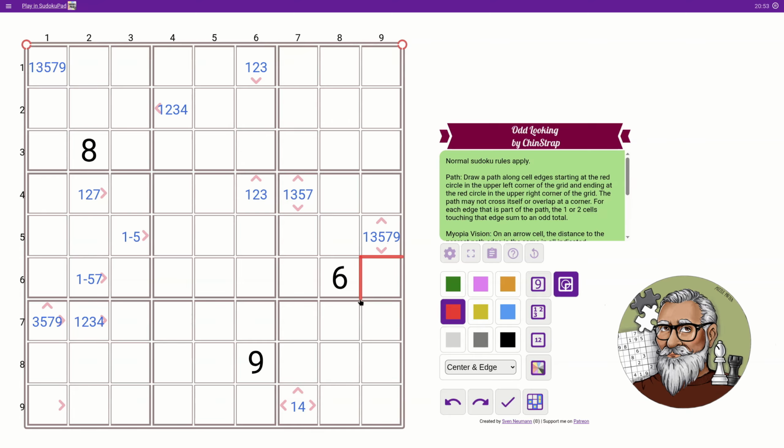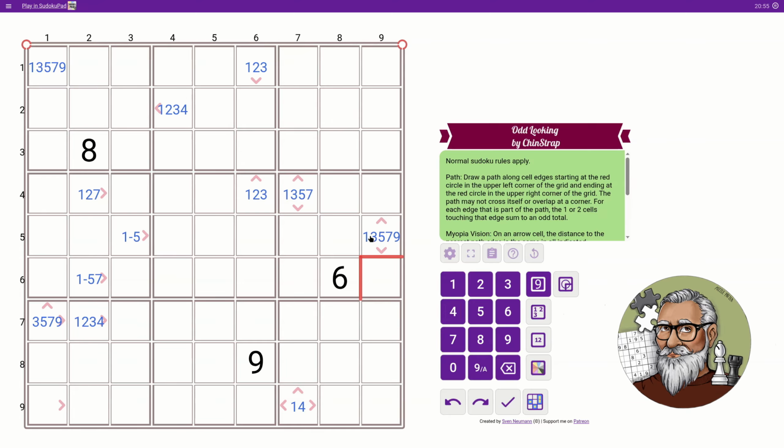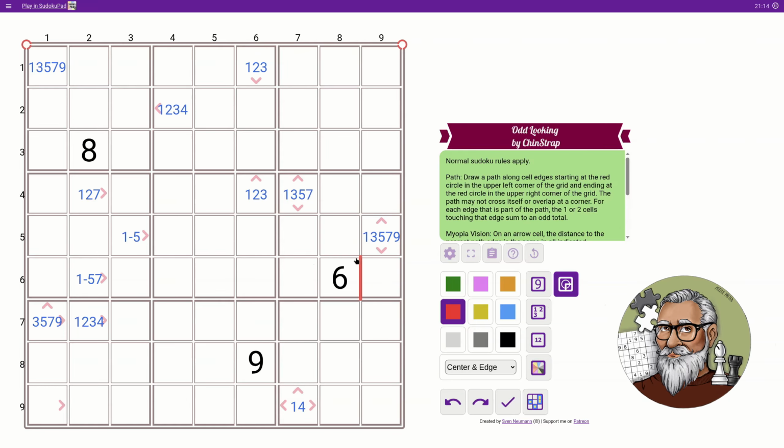This combination is not allowed because the sum of these 2 would have to be odd, and the sum of these 2 would have to be odd. And since they're different parity, that's not possible, right? Okay, but we don't need that, right? We don't need this configuration.